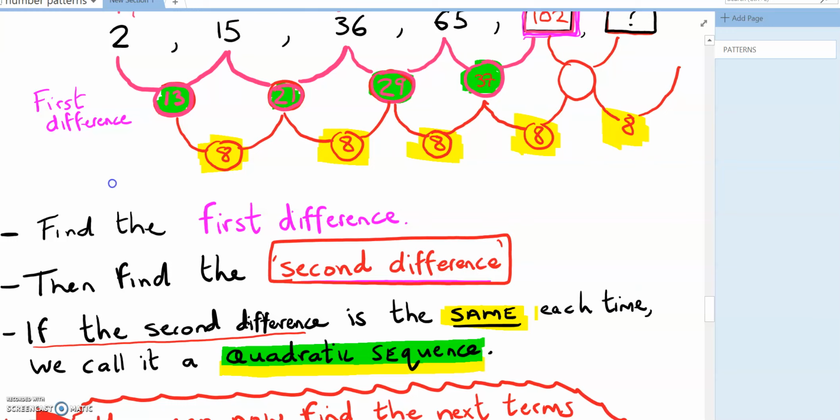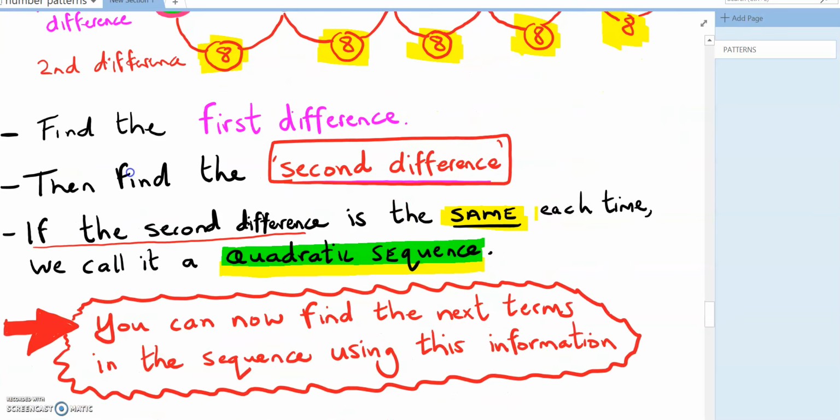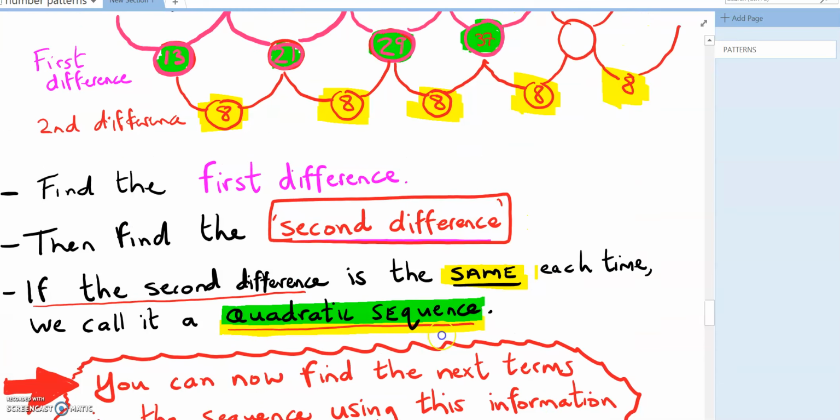So this example that we've been doing here is a quadratic sequence because the first differences are not the same, but the second differences are all the same. And that makes it a quadratic sequence. Okay? And you can now find the next terms in the sequence using this information.